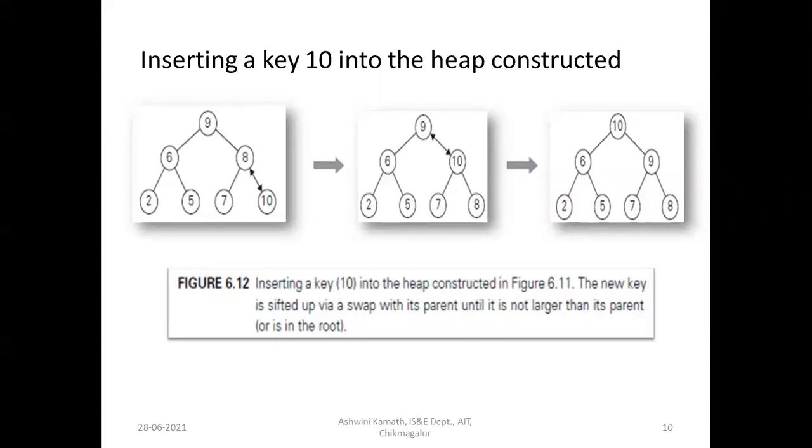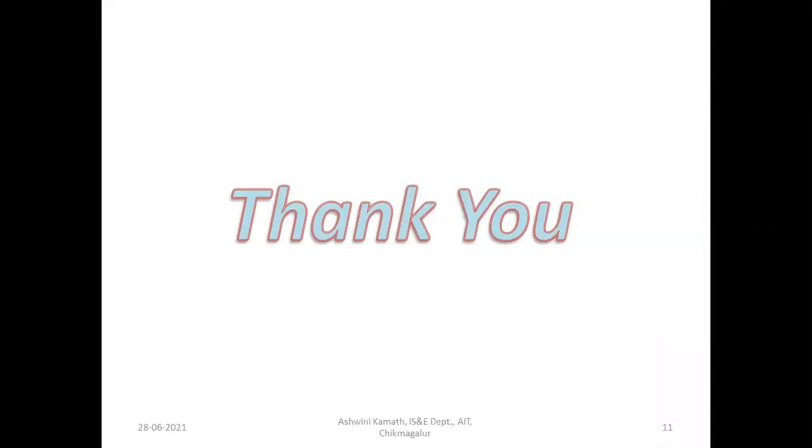If you swap with the parent, again compare with the new parent, until the parent node is greater or until it reaches the root node. I hope you understood this concept, that is, heap construction using two methods: top-down approach and bottom-up approach. In the next class, we'll discuss heap sort.